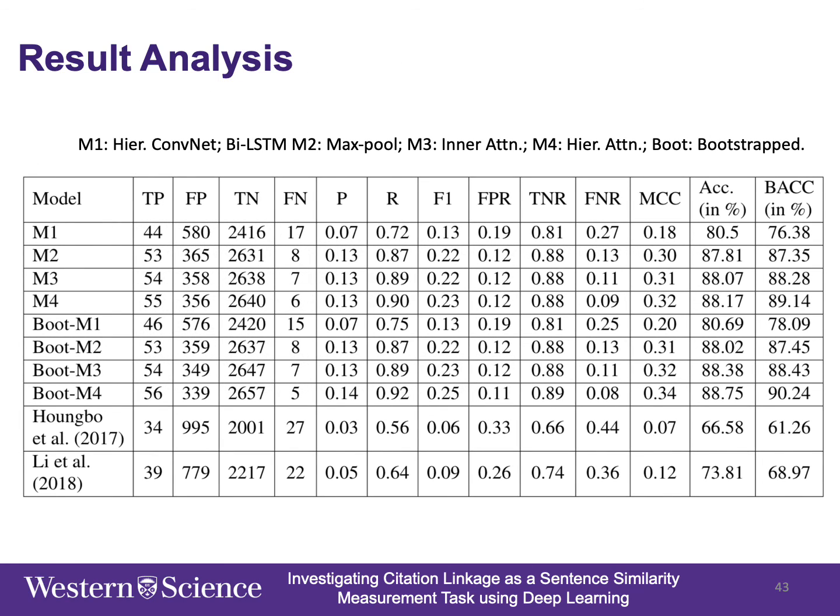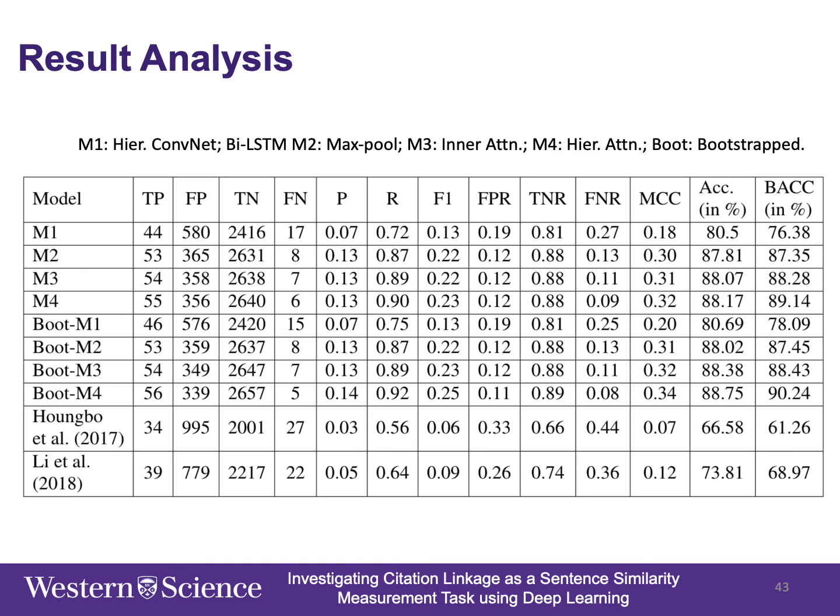Right now I'm presenting the results that we got for all the models, and the metrics that we use to analyze our models' performance are basically the Matthews correlation coefficient, accuracy in percentage, and balanced accuracy in percentage. The reason for giving these three metrics more importance is that the dataset is highly imbalanced, so the F1 score is always going to be low.